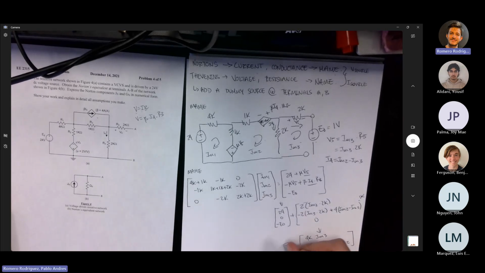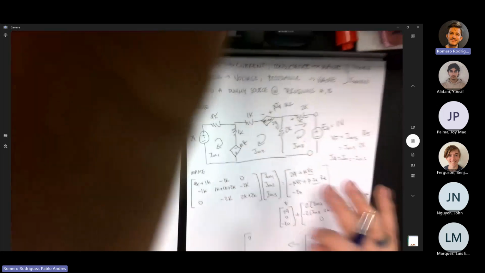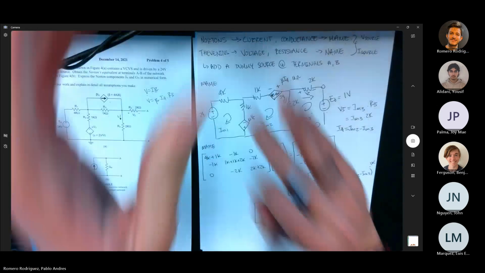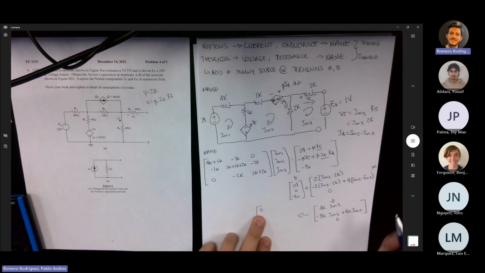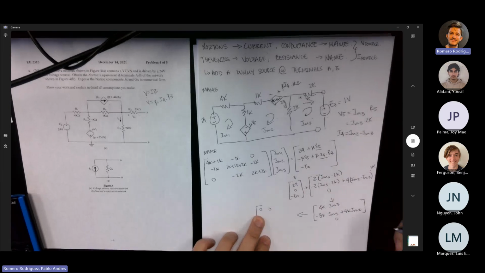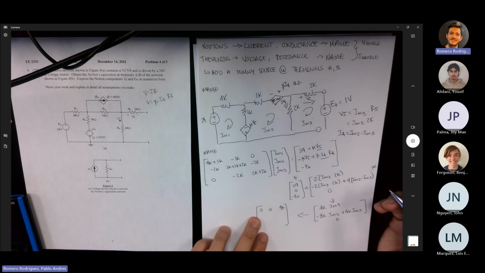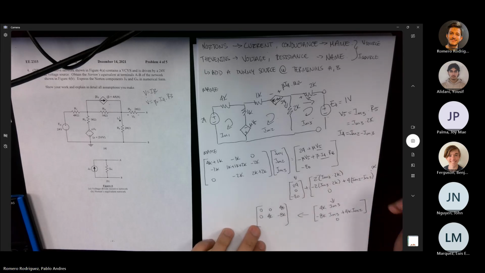So if I expand this into matrix form, I don't have anything for IM1, I don't think anything for IM2. 4K here. I have nothing for here. 4K here, negative 8K here, and then zeros.